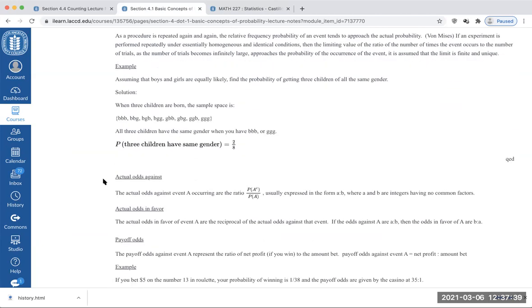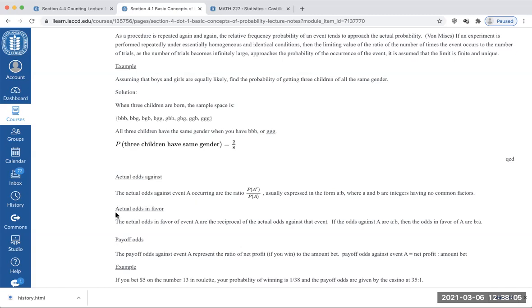Actual odds against. The actual odds against an event A occurring is the ratio of the probability of not A divided by the probability of A, and is usually expressed in the form A colon B, where A and B are integers having no common factors. So actual odds in favor.